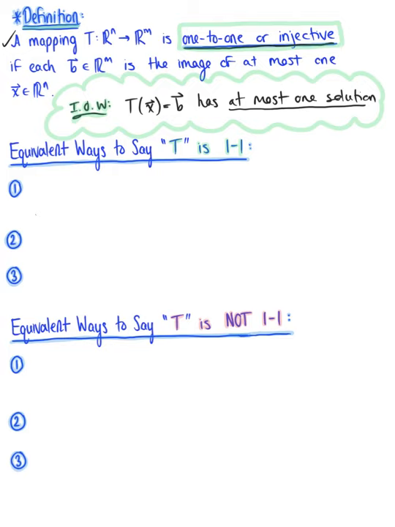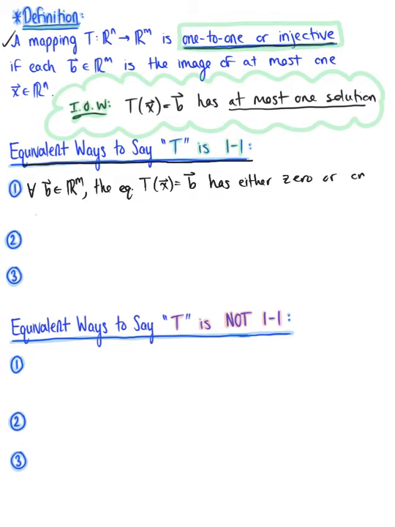So some alternative or equivalent ways to say that a transformation is a one-to-one mapping are the following. We can say that for every vector b in the codomain, or for every vector b in Rm, the equation defined as the image of vector x under the action of T equals vector b has either 0 solutions or 1 solution, namely vector x in Rn.